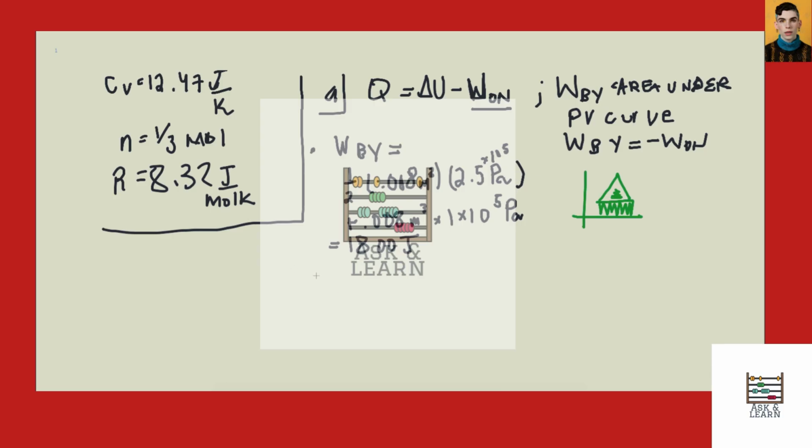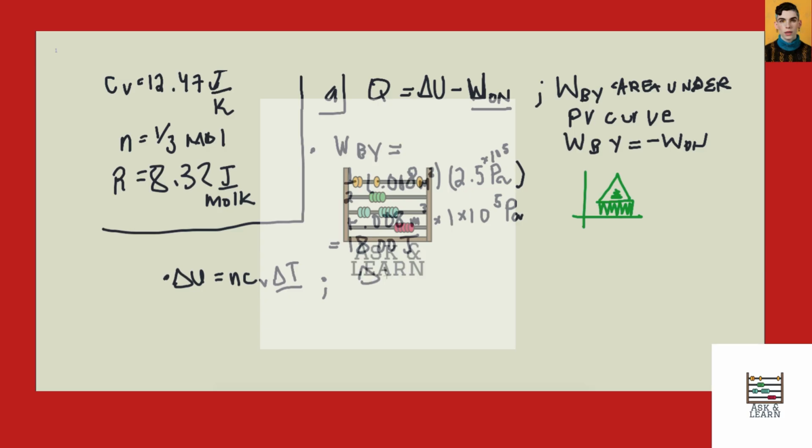And then to get the change in internal energy, what we want to do is our forever loved n Cv delta T. But we have to get delta T because we don't have any temperature information yet. That's okay. We can use the formula T equals PV over nR, and rewrite it like this.